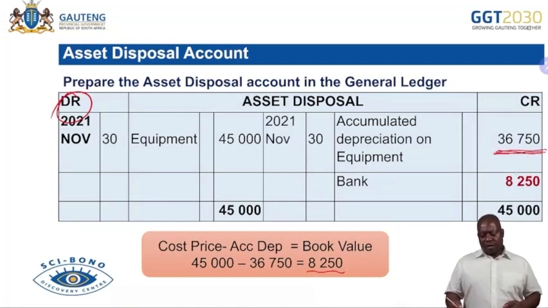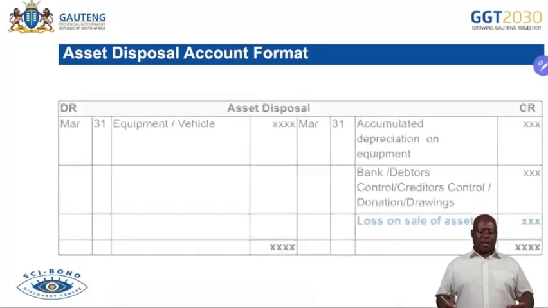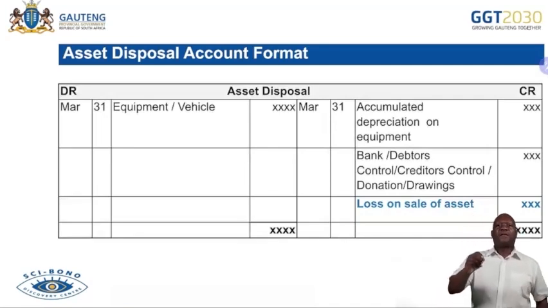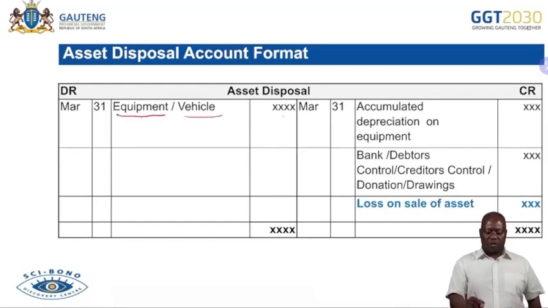Now, just for interest's sake, I wanted to remind you of the format that our asset disposal always takes. This is one of the easiest accounts where you make life easy. On the debit side, we indicate the asset. And remember, it can only be equipment or vehicles.